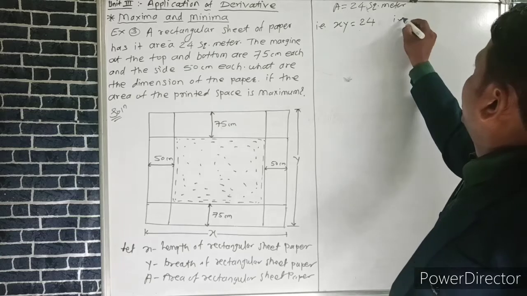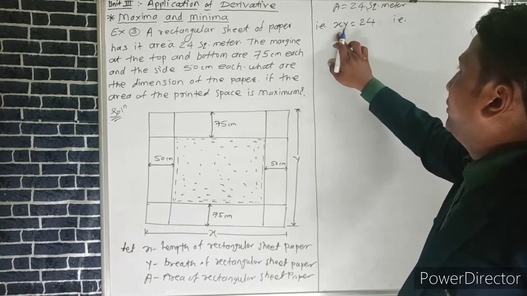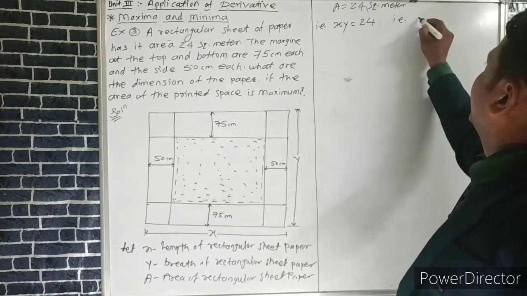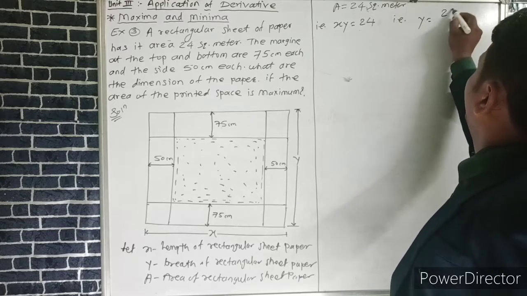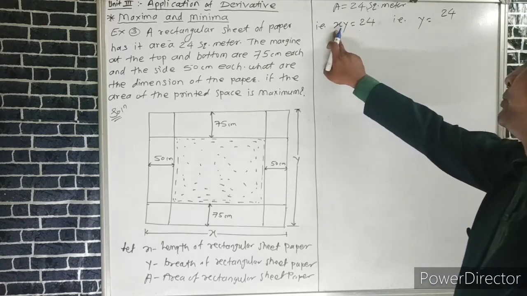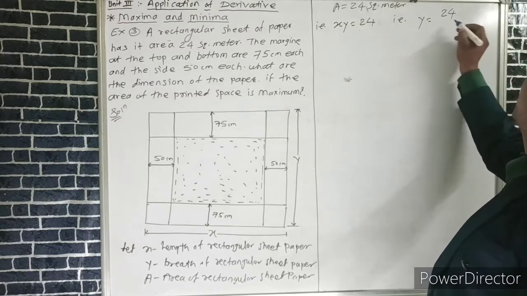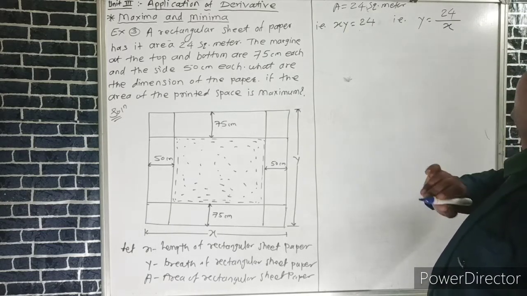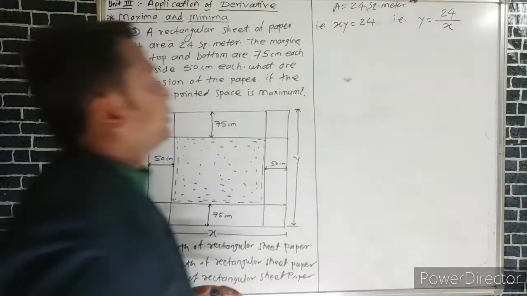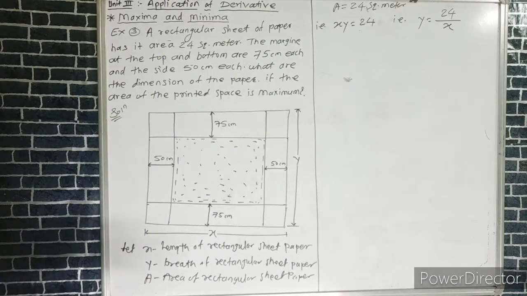To evaluate y, we shift x to the right side, so the value of y is 24 upon x.